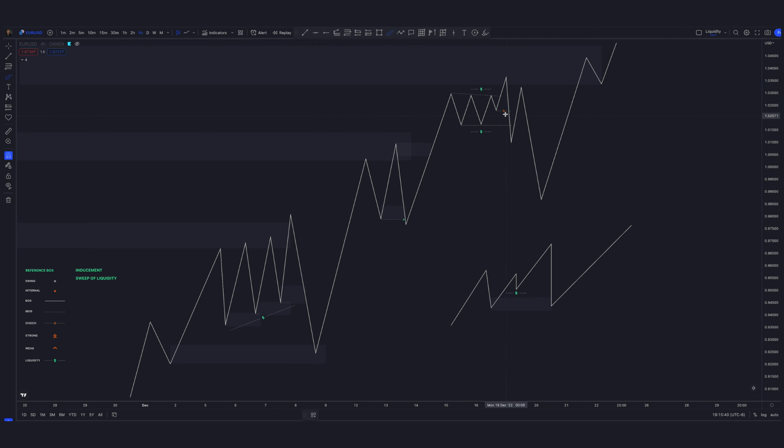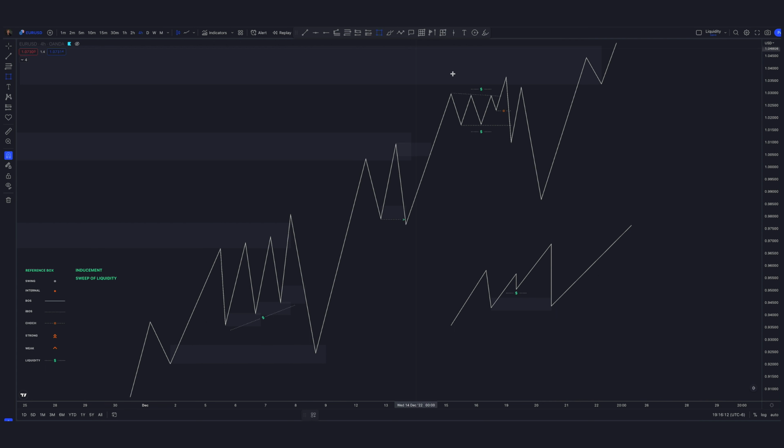We had the first CHoCH. This was the push, the pullback, the push again, but because of the internal of the internal structure here, this would be the nearest low of this push. So our change of character would be right here.